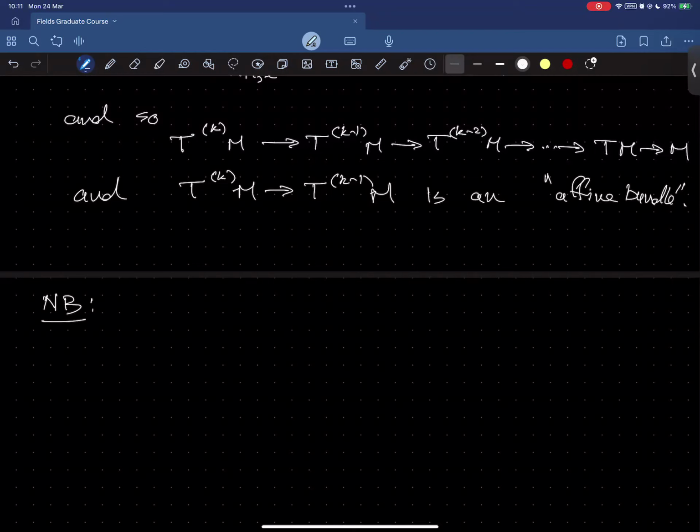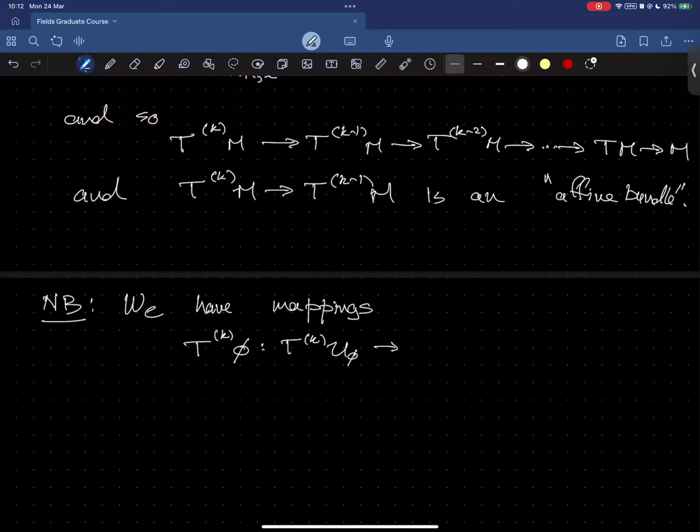Okay, and this example here is a good illustration of why. So we have these mappings T^k phi from T^k U_phi into, let me write it out explicitly here, phi of U_phi cross V_phi to the k.